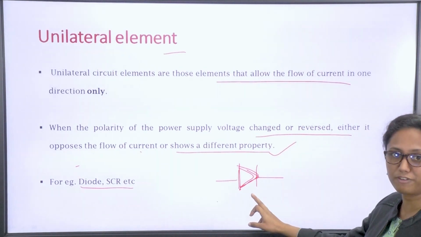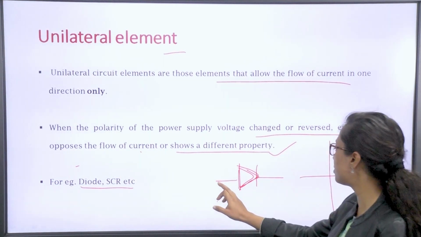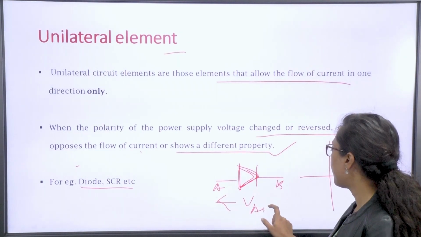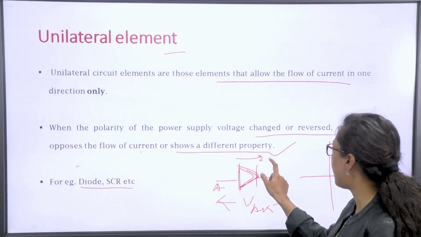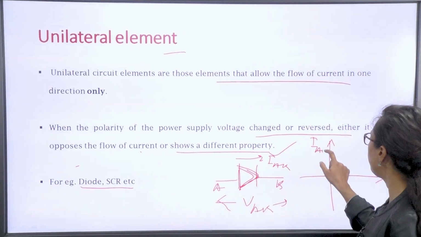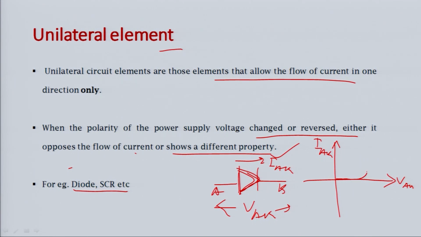As we are taking the example of a diode, we already know its VI characteristic. If it is the anode and cathode, the voltage across it will be VAK and the current flowing through it is IAK. If we just plot the VI characteristic, which we already know, it is of this nature for the forward bias condition, and for the reverse bias condition it goes to reverse saturation and it will go like this.